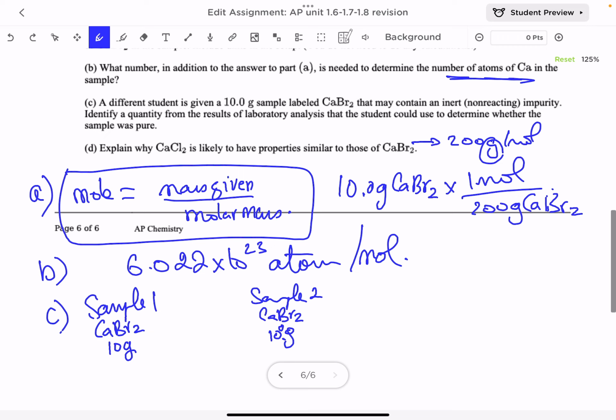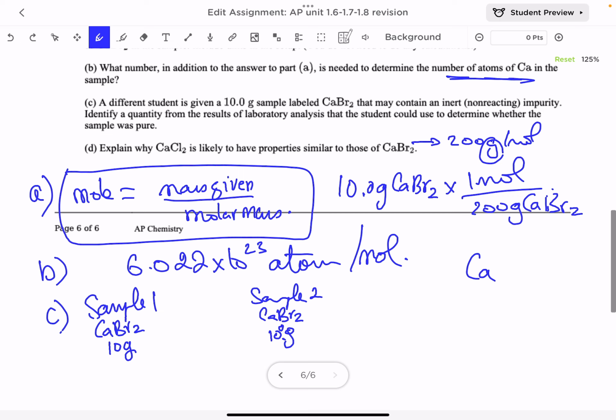Identify a quantity from the result of laboratory analysis that the student could use to determine whether the sample was pure. So for example, if I am using this sample to calculate the mass of calcium in it, I would obtain less mass of calcium.